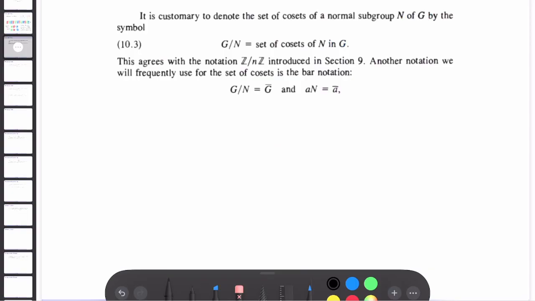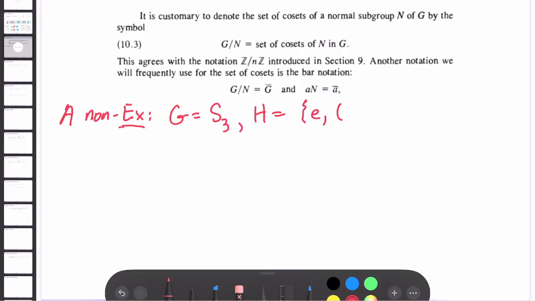There's some text from Artin that we'll come back to in a minute, but a non-example that's useful to have in mind is what if you have the group to be something like S3 and a subgroup to be something like this.